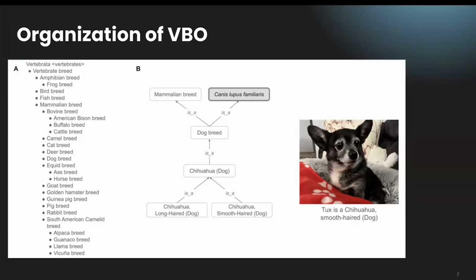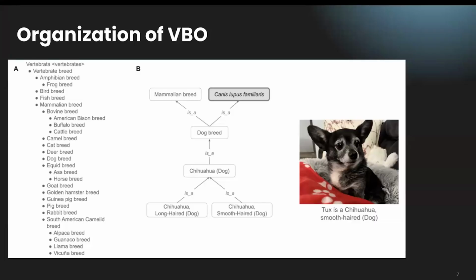And then underneath all those four main branches, there are more specific breeds. The names of those breeds are really based on what experts and people use in the world. So, for example, you might see a cattle breed. There's no taxon called cattle, but this is what people use out there. So this is what we use also.